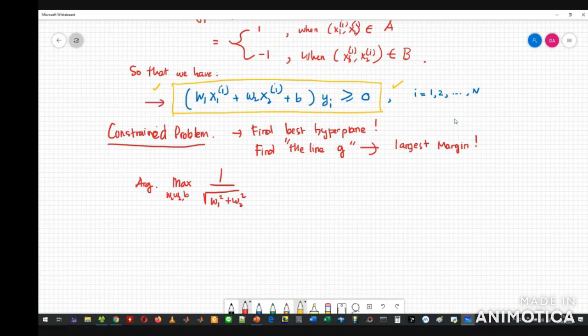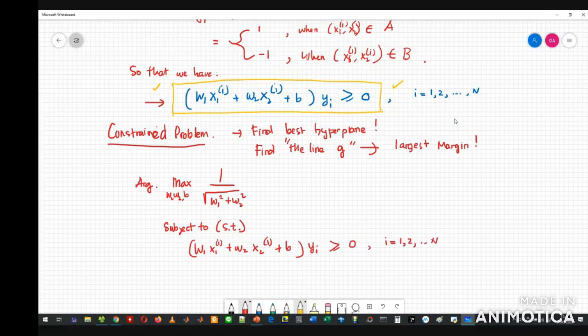So this one is subject to, or S.T. The W1 should satisfy W1 X1 element i plus W2 X2 element i, and then plus B, and then times yi should be larger than 0, for i equal 1, 2, until the number of data.